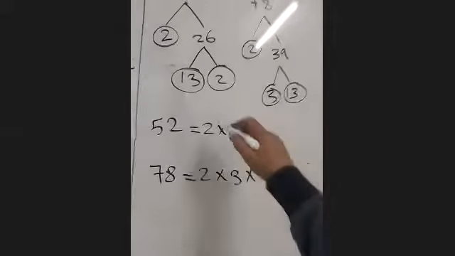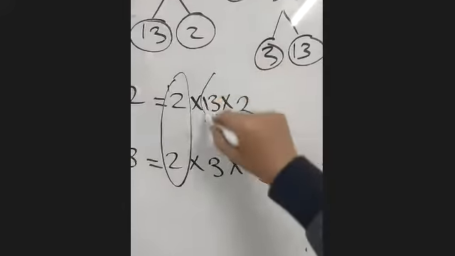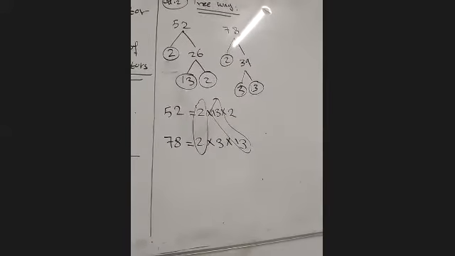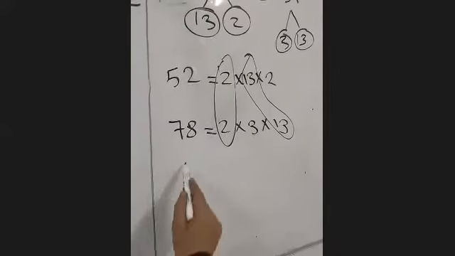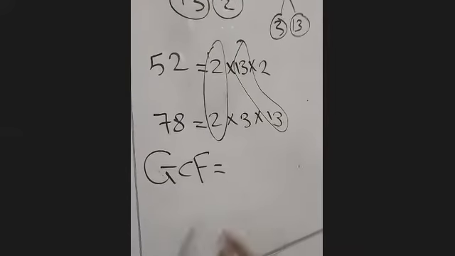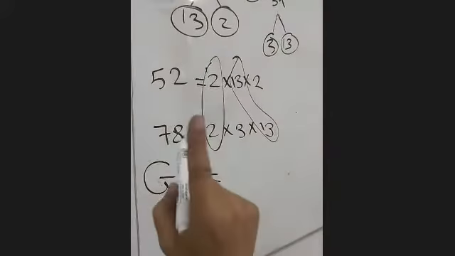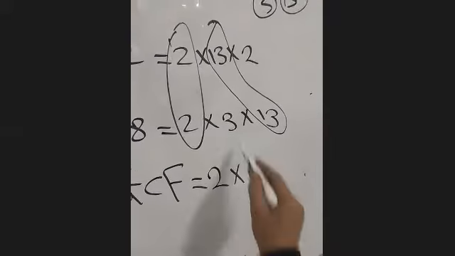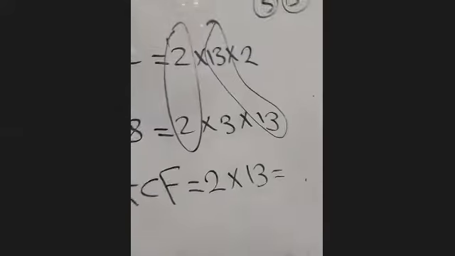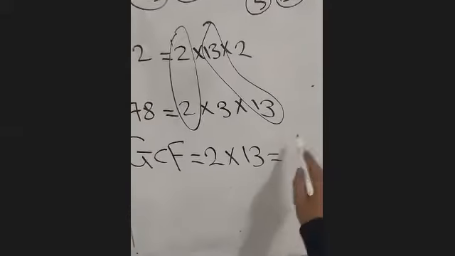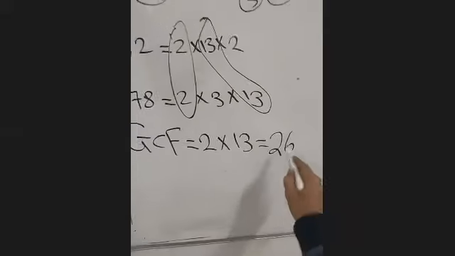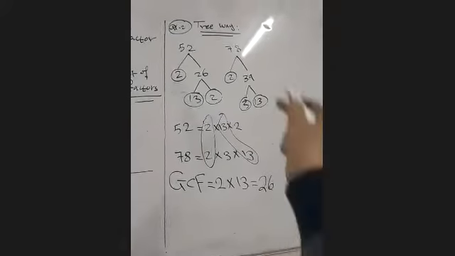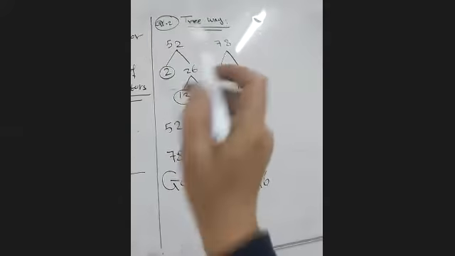After we finish, we circle the common numbers. Got it? Now, after we finish circling, the GCF equals, from each group, we take one number. The 2 and the greatest, 13. So 2 multiplied by 13. What's the answer? 26. So the greatest common factor of these two numbers is 26, and this way we call the tree way.